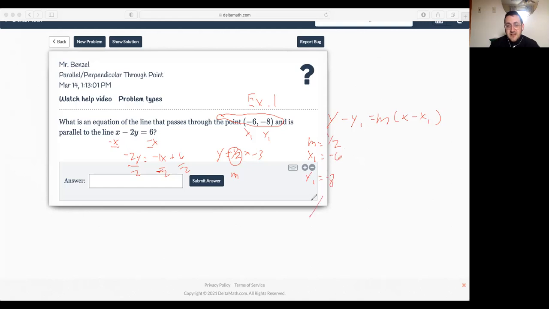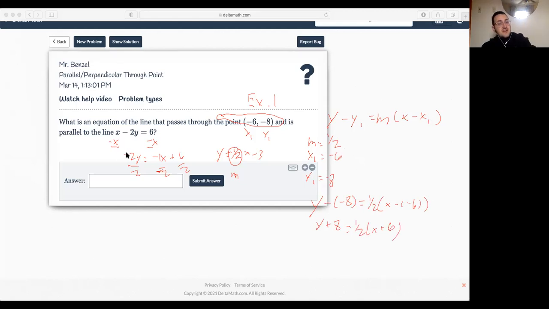And if I'm doing this in point slope form, I'm going to write this as y minus negative 8 equals 1/2 times x minus a negative 6. So that's going to be y plus 8 equals 1/2 times x plus 6.